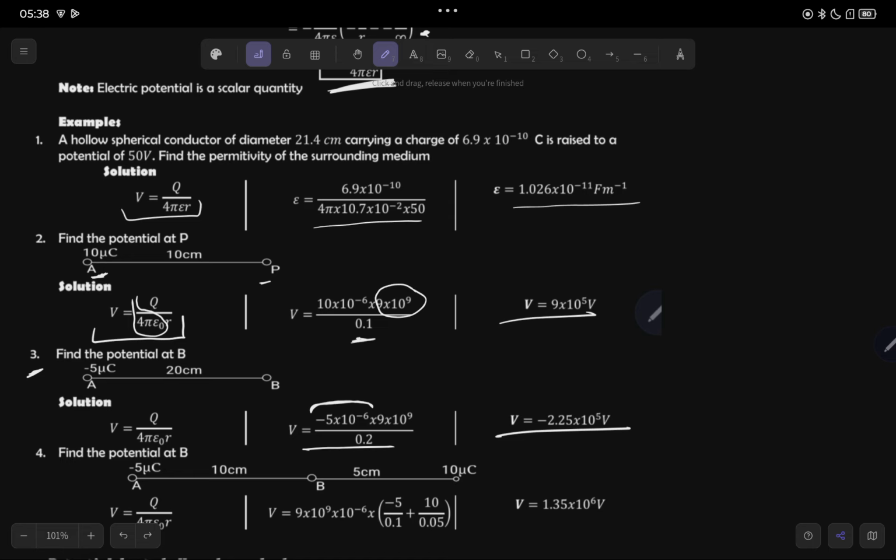Which means that when you are bringing a positive 1 coulomb charge from infinity to point B, based on how we define electric potential, instead of you doing work against the field, the field will be doing work on you by pulling the charge that you're trying to bring closer. Since the electric field is doing work on you, not you doing the work against the electric field, we end up with a negative electric potential.